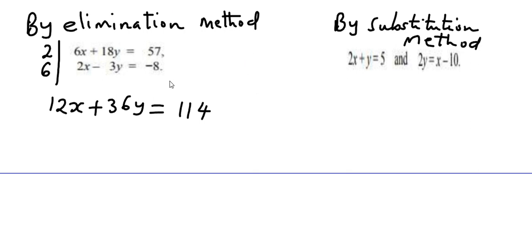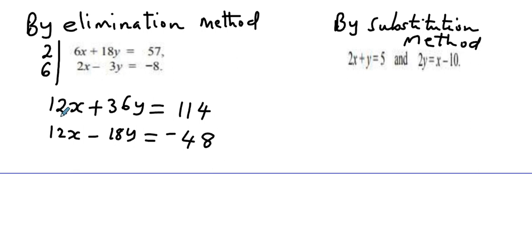Then 6 times 2x is 12x. This will be minus 18y. This will be negative 48.